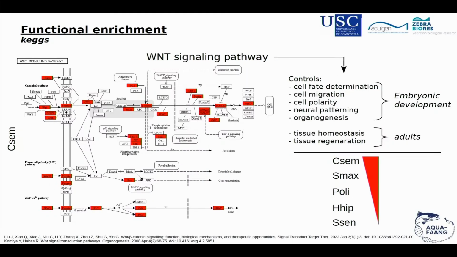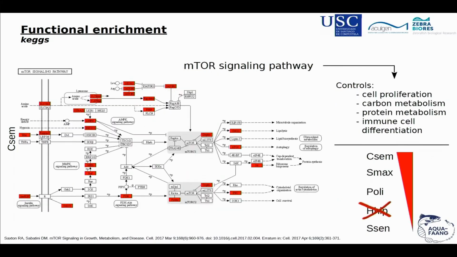For the WNT signaling pathways, both the canonical and non-canonical pathways were heavily covered by enriched genes, and the order is exactly the same as in the previous case. And finally, the mTOR signaling pathway is heavily enriched in all the species selected except for Hippoglossus. No explanation for this.